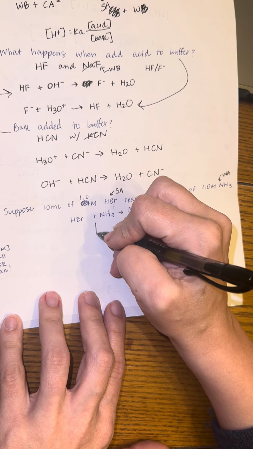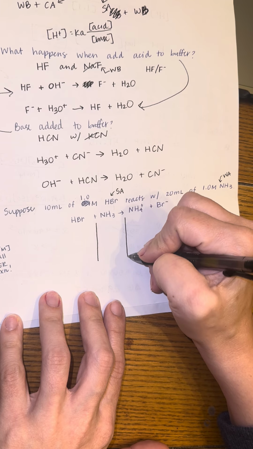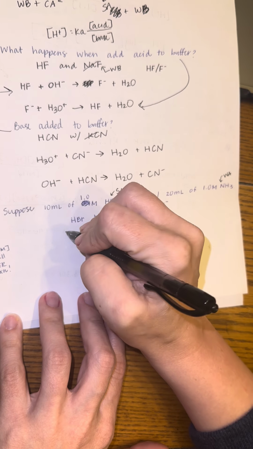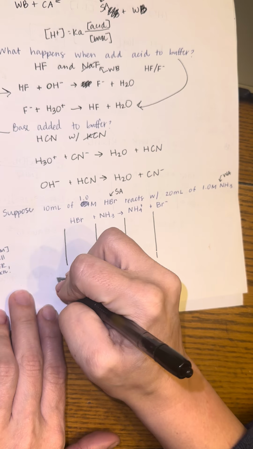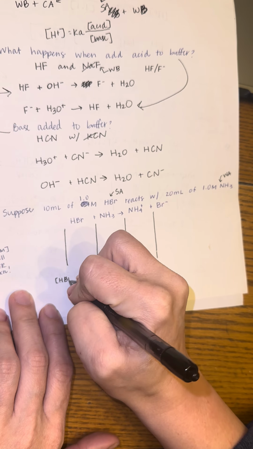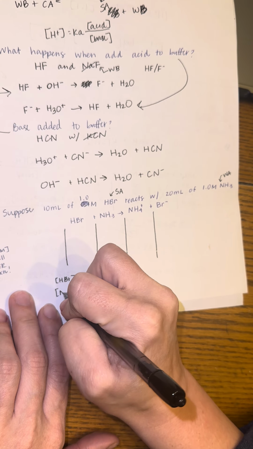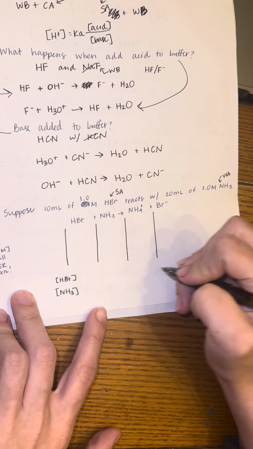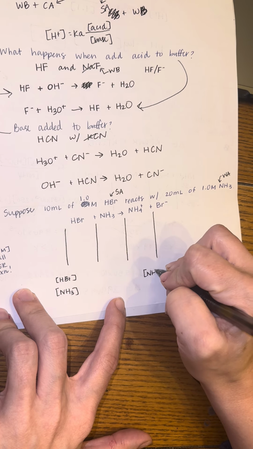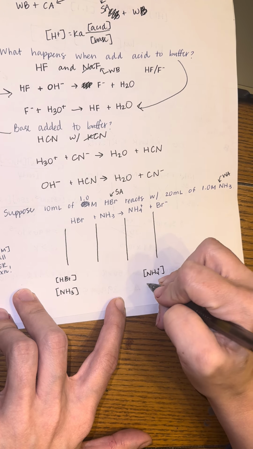Okay, so the molarity of everything after the reaction would be, hey, let's figure out HBr at the end, NH3 at the end, NH4 at the end, and bromide.